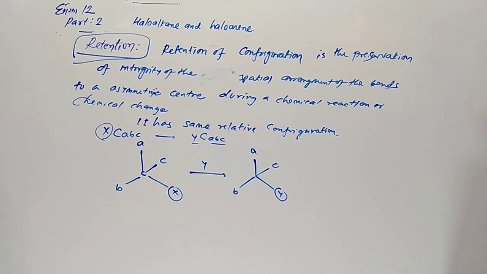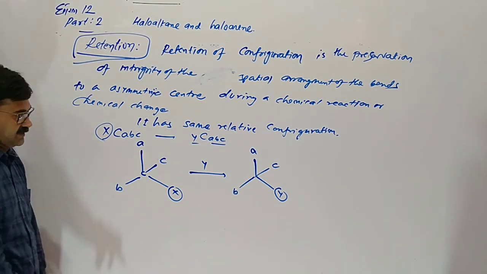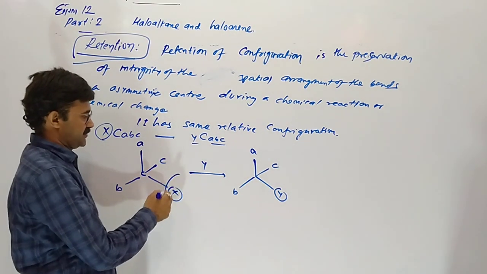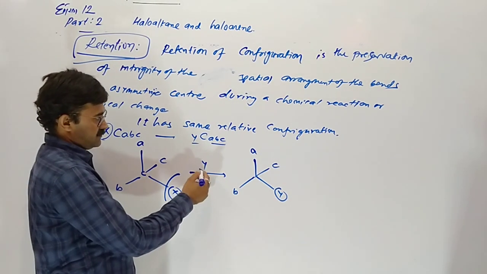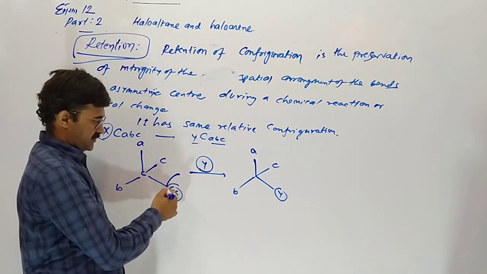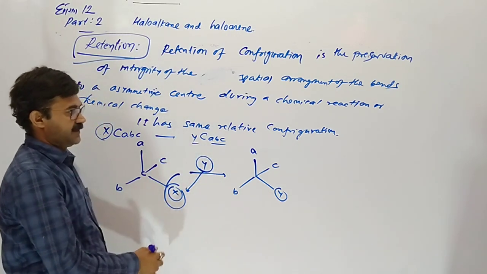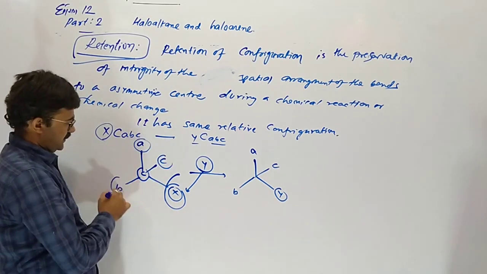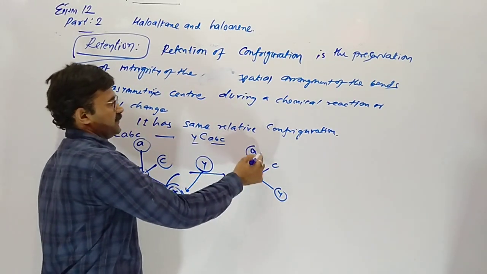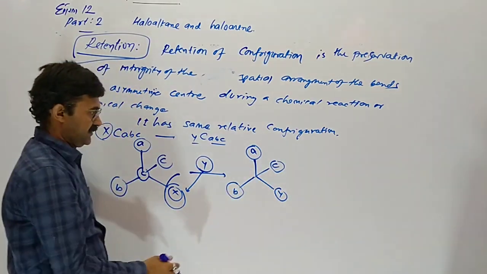Now understood? In a chemical reaction, when displacement or substitution occurs of one group by another group, X group is replaced by Y. So the original arrangement, configuration, remains the same.